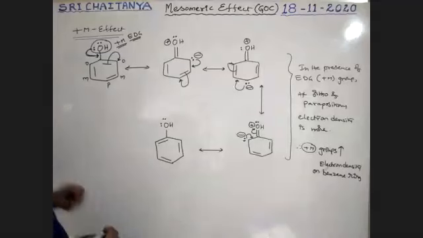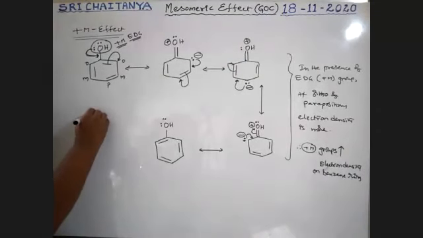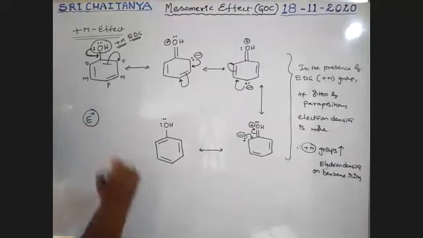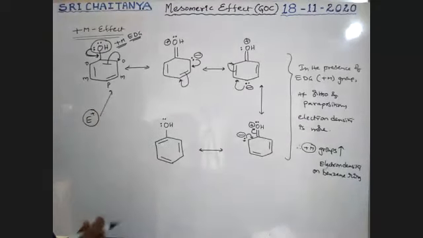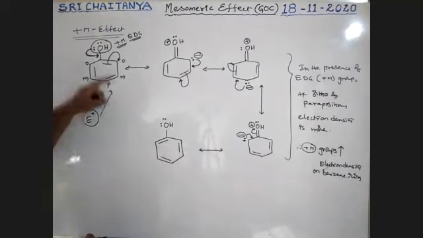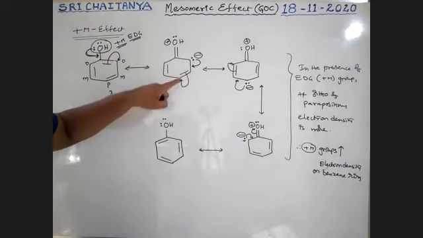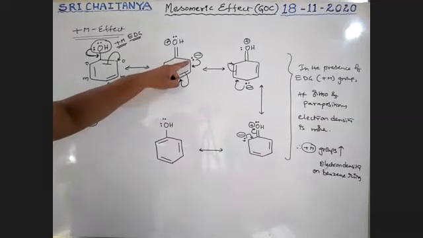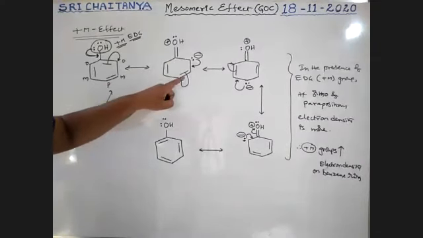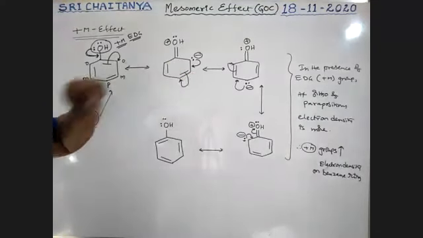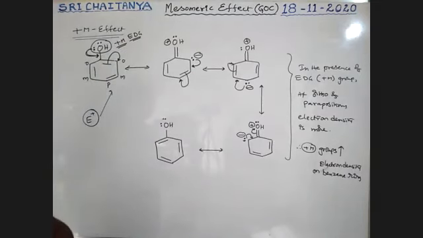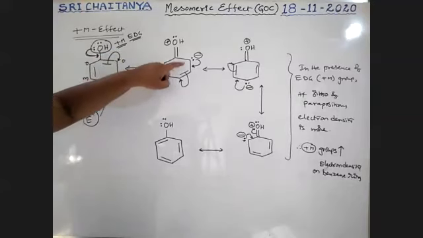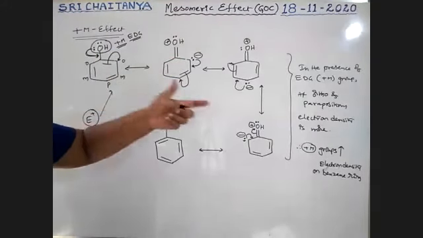Okay. Now, if a positively charged species is attached to this group, where is it going to be substituted? Ortho position, negative charge is there; para position, negative charge is there. Therefore, this group may be attached at either the ortho position or the para position, not going towards the meta position. That is why, listen carefully, in the presence of an electron donating group, at ortho and para positions, electron density is more.